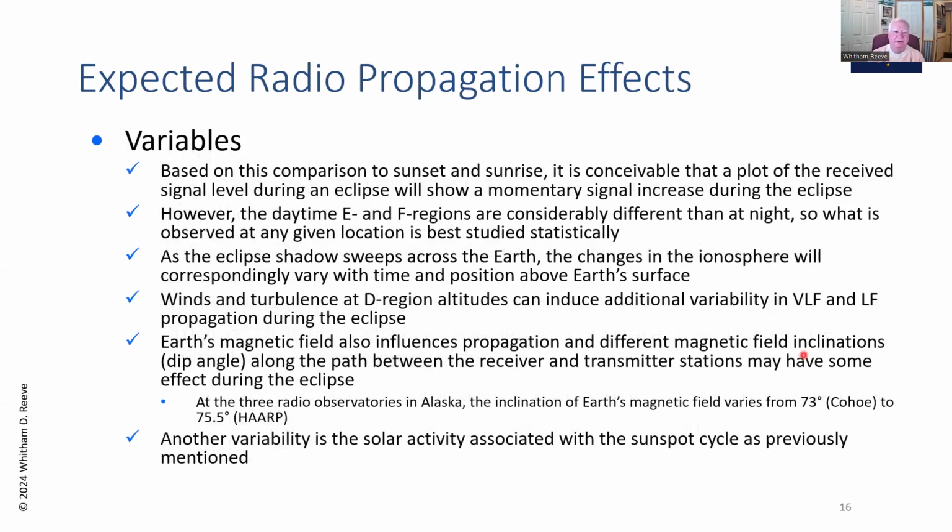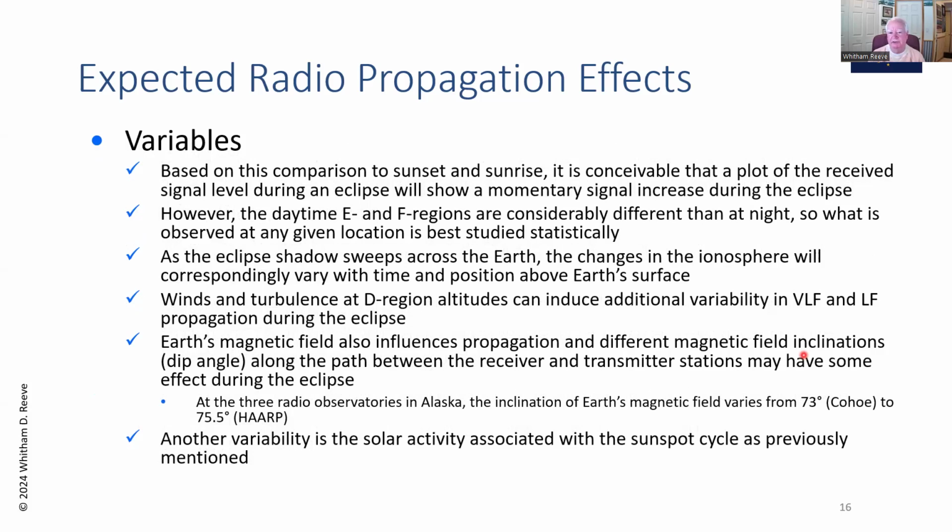I mentioned sunrise and sunset. You have just the things that go on in the ionosphere. For example, up in the upper regions of the ionosphere, you have these traveling ionospheric disturbances that are happening all the time. Those will complicate your observations.